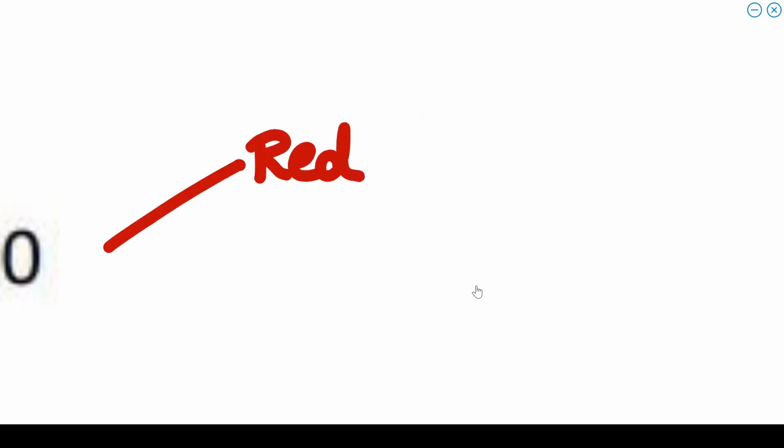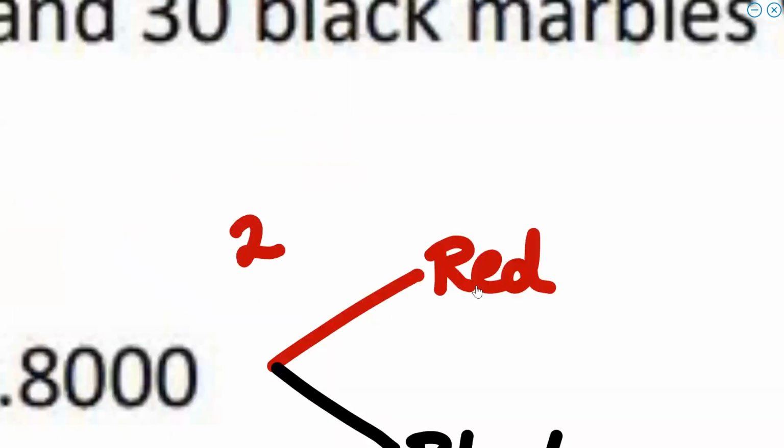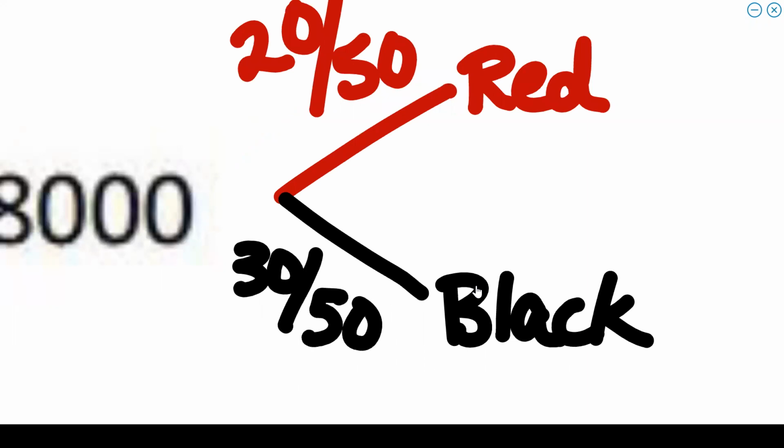Sorry, I need to make my pen smaller for this. So 20 out of 50 that I pull red. So what's the probability that I pull black? 30 out of 50. Remember my tree diagrams.